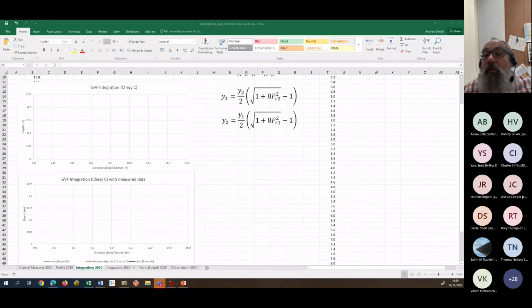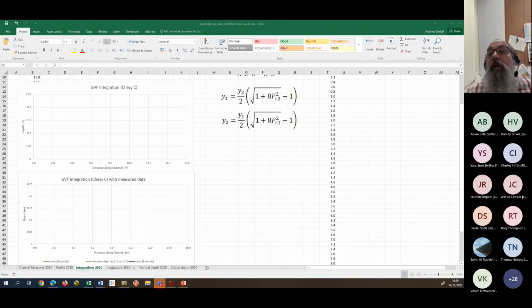I've got a question here from Aaron. How do we use the integration lines and the conjugate depth lines to locate the jump? Do we just draw a line between where they intersect? In fact, that is the case. I'm going to try and write on that Excel form.